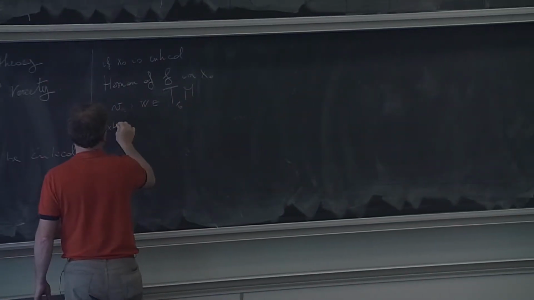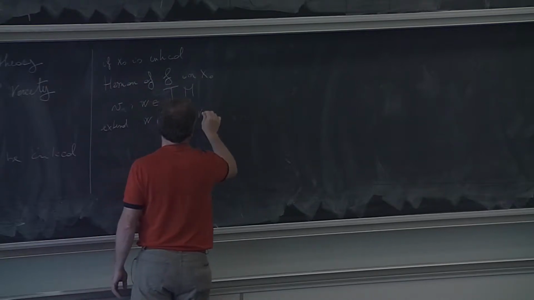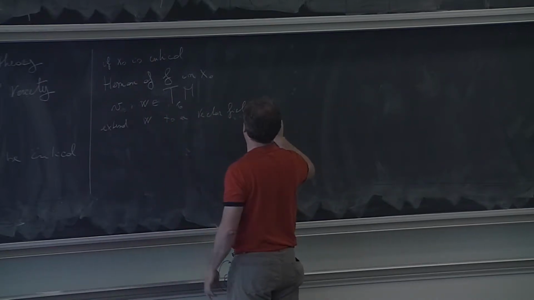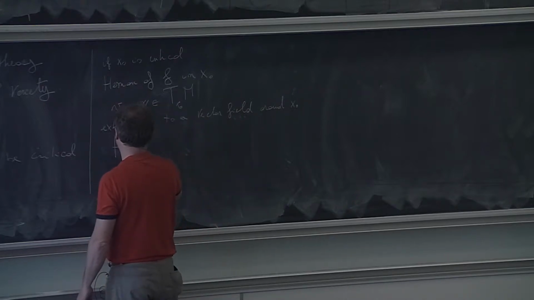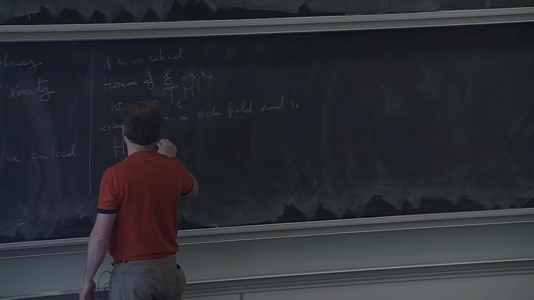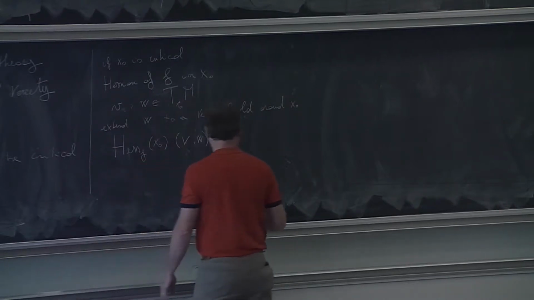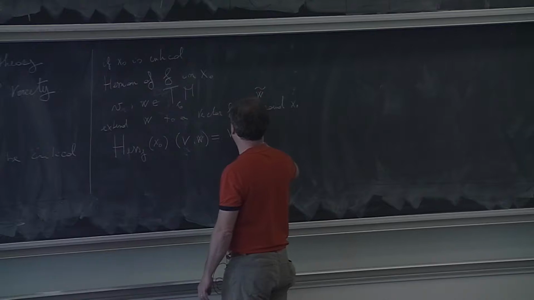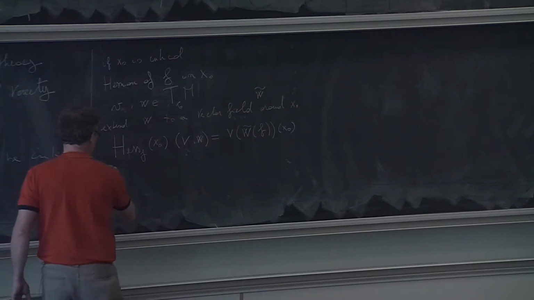You extend W to a vector field w tilde around x0, and you define the Hessian of f in x0 on v, w to be v of w tilde of f calculated in x0. And now this is a bilinear form.